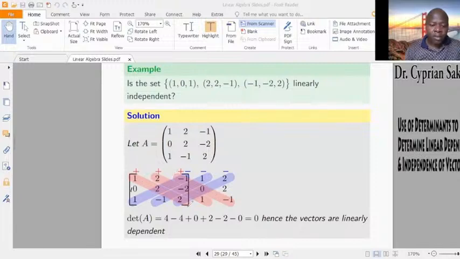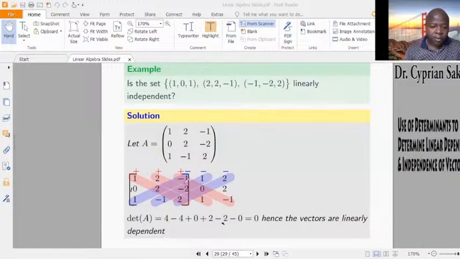Then I draw my diagonals. I multiply along this diagonal, get 4. Along this diagonal, get -4. Along this diagonal, I have 0. So I've added those 3. Now I subtract. Along this diagonal, I have 0, so I subtract 0. Along this diagonal, I have 2, so I subtract 2.